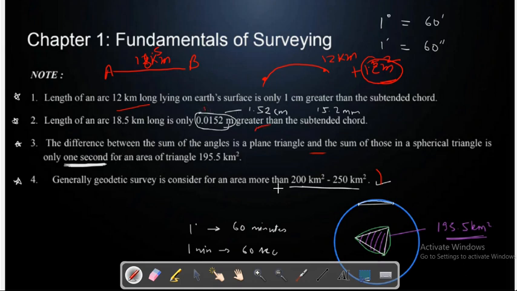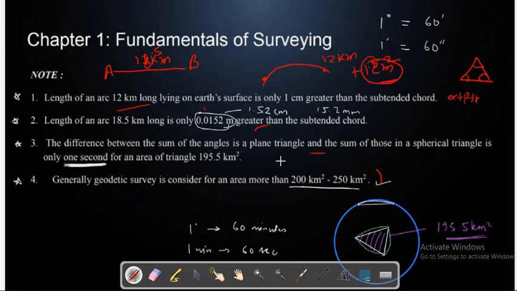Okay. Next, the difference between the sum of the angles in a plane triangle and the sum of those in a spherical triangle is only 1 second for an area of a triangle 195.5 km square. And if we try to construct a plane triangle in case of plane surveying, the summation of the triangle, that is alpha plus beta plus gamma, will be only one.